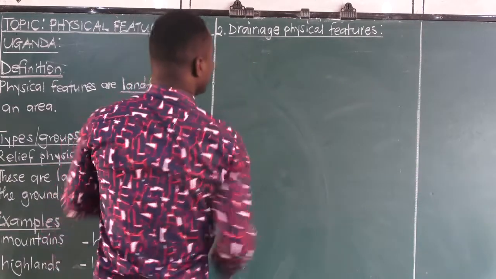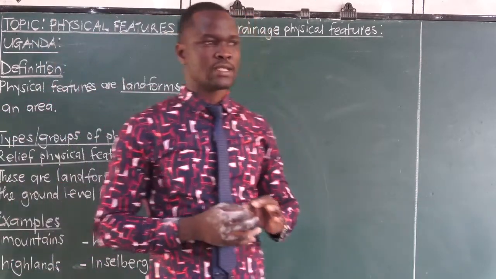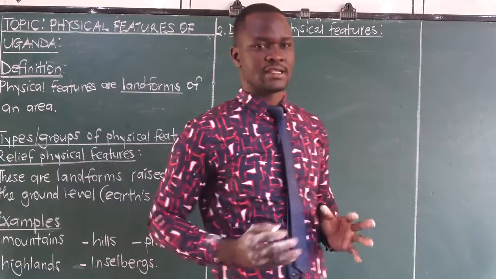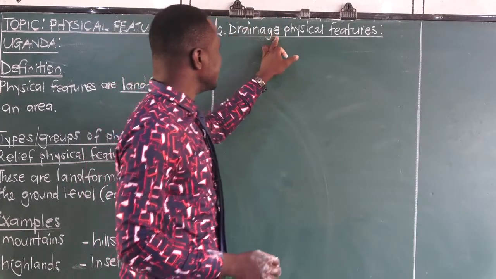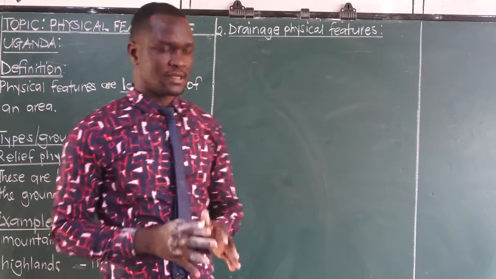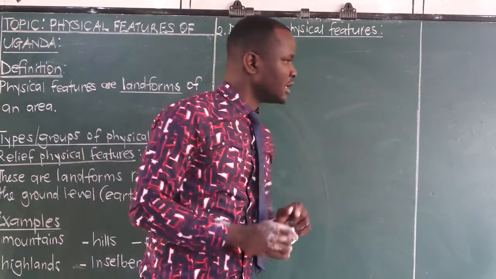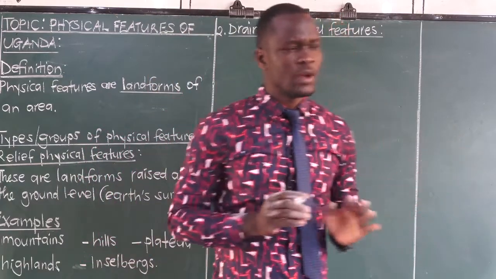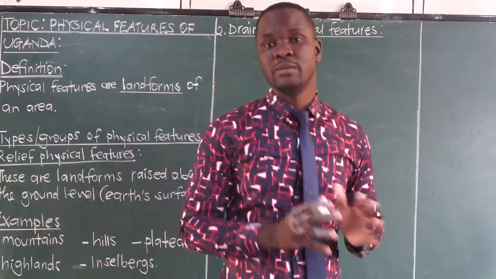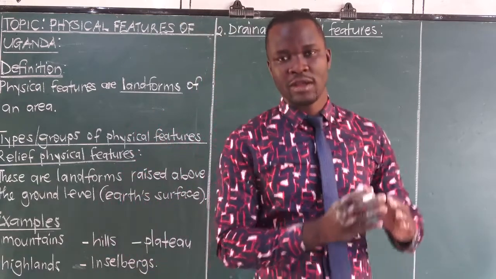So we are having our second type, our second category, or our second group of physical features, and we have called this one drainage physical features. Like I said, you can't only write drainage. If they ask you to write these physical features, don't say drainage, because when you write only drainage, you will be meaning something very different from drainage physical features.